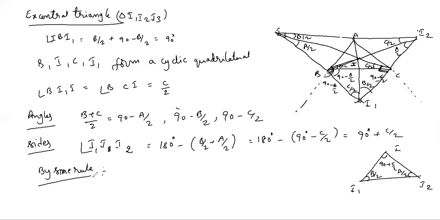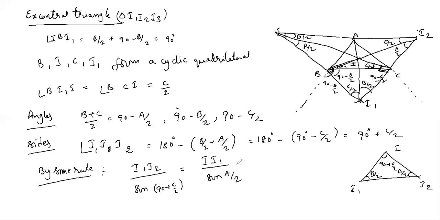The side I1I2 we have to find: it is over sine of the opposite angle 90 plus C by 2, equal to II1 over the opposite angle sine A by 2. So from this we have to find II1 first.